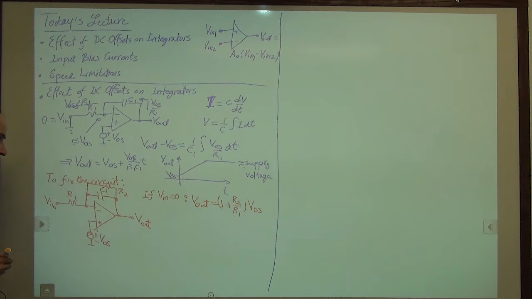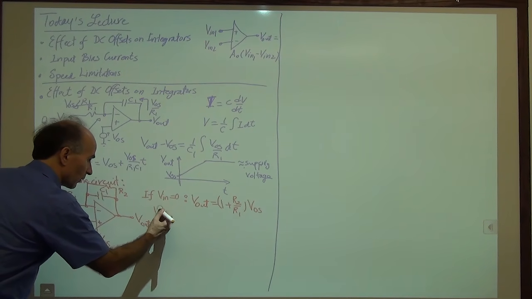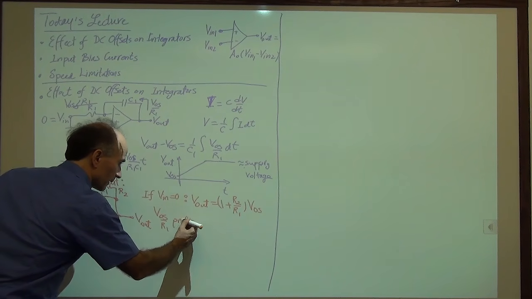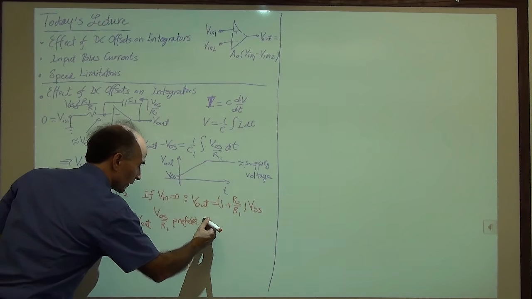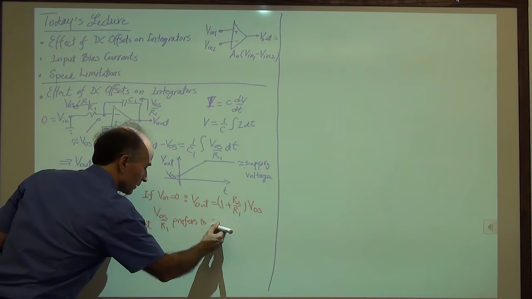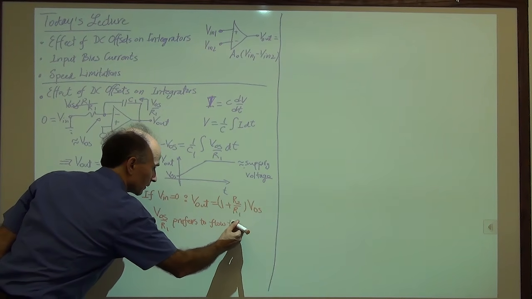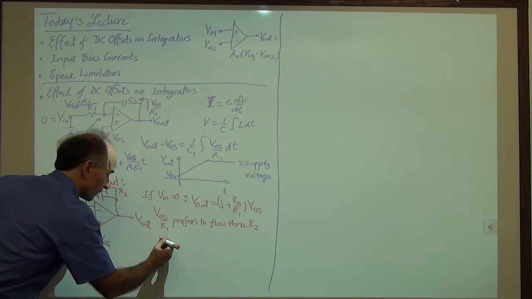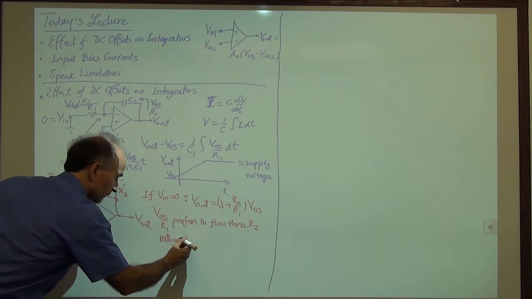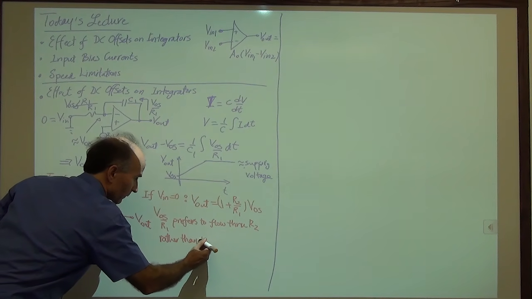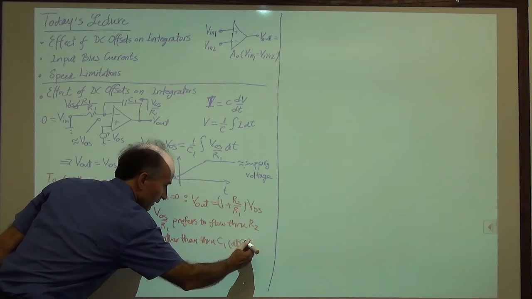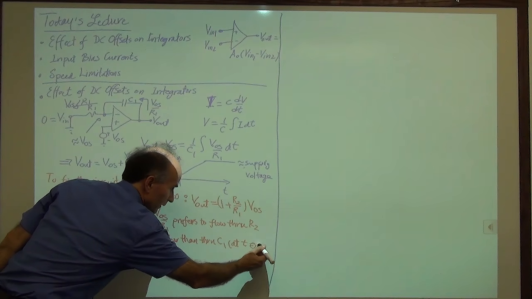But what's important to remember is that VOS over R1 prefers to flow through R2 rather than through C1 at t equals infinity.